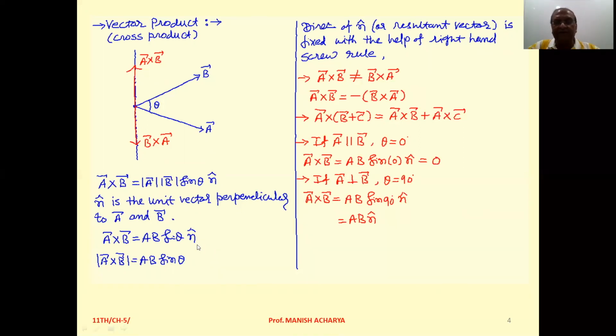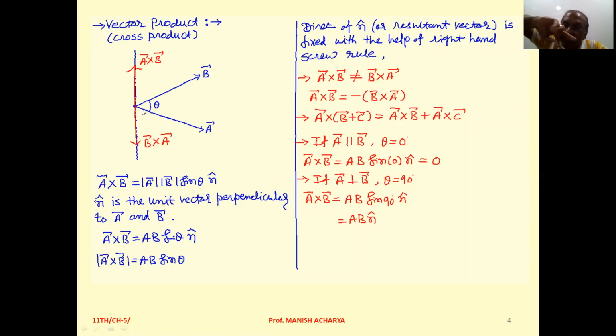Now see the figure. Vector A and vector B. The angle between these two is theta. Now place the right-handed screw perpendicular to both of these. If we rotate it from A to B, then it will move in the upward direction. So A cross B is in this direction, so the resultant vector is in the upward direction here.